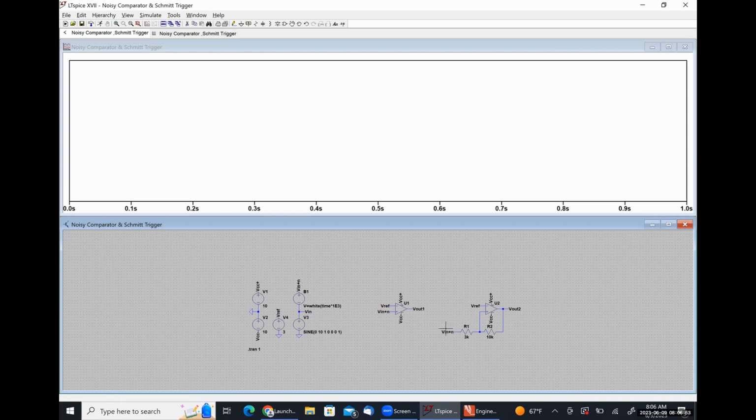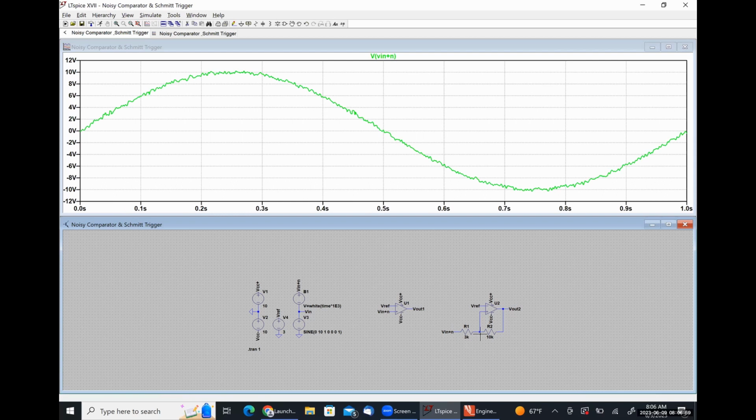And I'm applying that same input signal plus noise to this node. When we look at our output, we have a nice stable output.